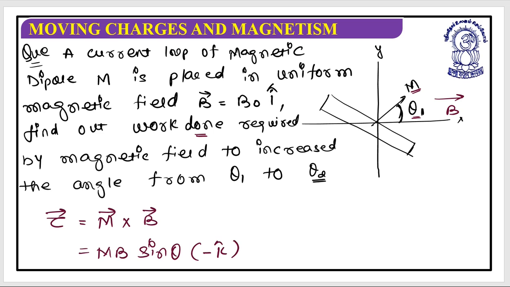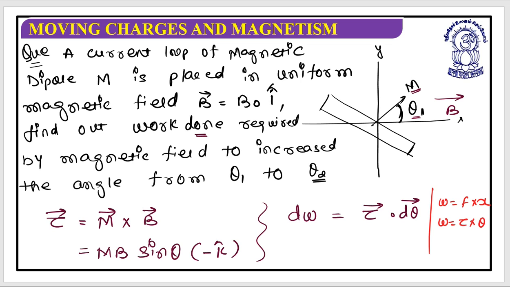I hope this is clear now. And what I need is the work done. So one option is that it could be written as dW equals torque dot d theta, and then I'm going to integrate this. It is the same thing: work done is equal to force into displacement. So even work done could be written as torque into theta. This is the rough work to be done in your mind.